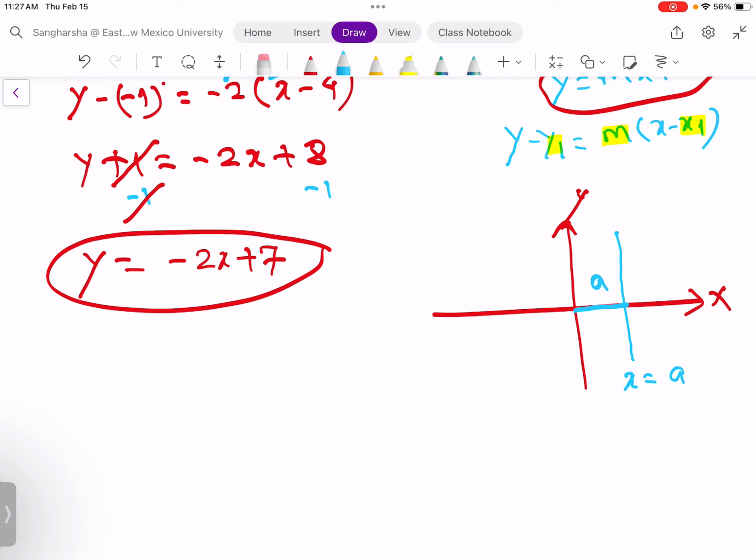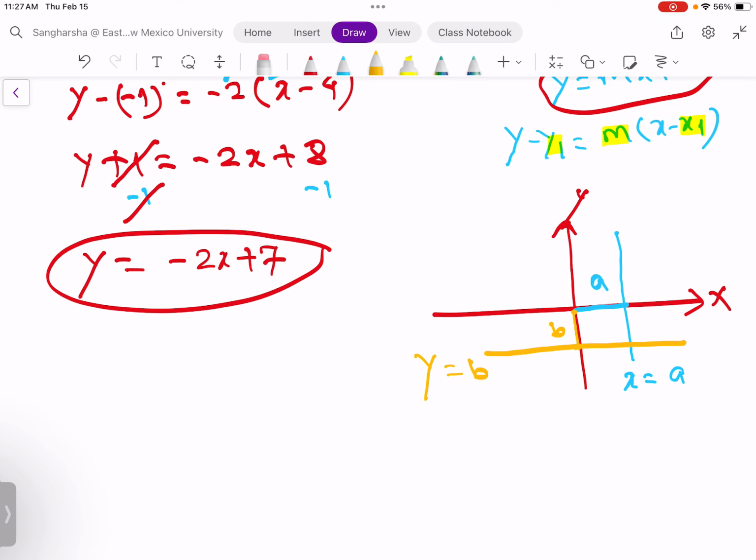And for the horizontal line, every horizontal line has an equation y equals the y-intercept. If this is b, y equals b is the equation for this line. Now the x-axis is a horizontal line, right? What would be the equation for the x-axis from this definition?